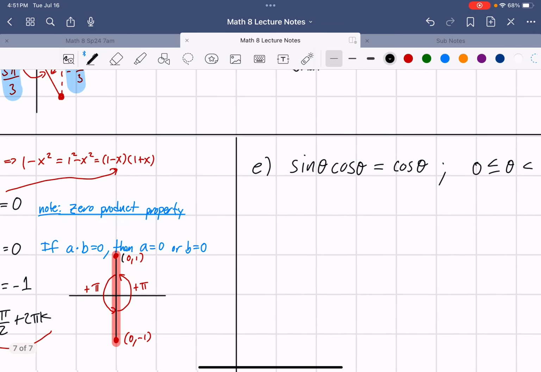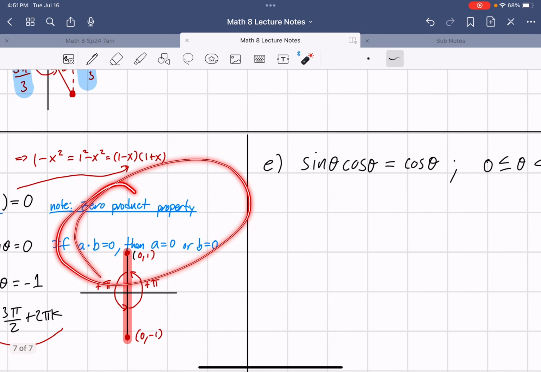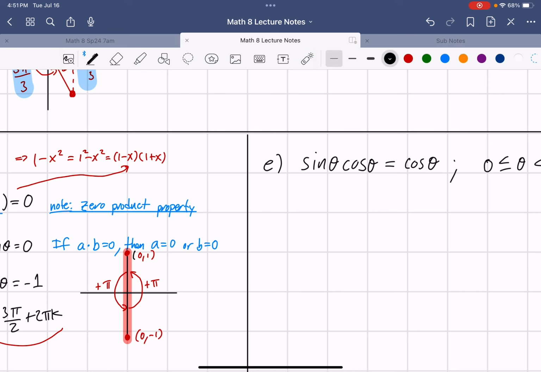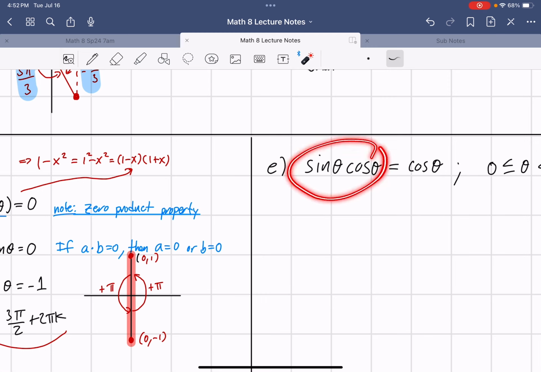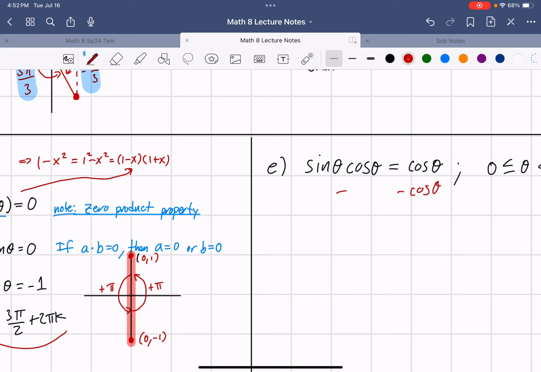Well, we have to rely back to this zero factor property where we actually want our equation to be set equal to 0. And you can move either side to left or right, but because this side's bigger, I will move cosine to the left side and I'll subtract it on both. But that doesn't cancel anything. That just moves everything over to one side. That'll allow me to start thinking of how to apply my zero factor property.